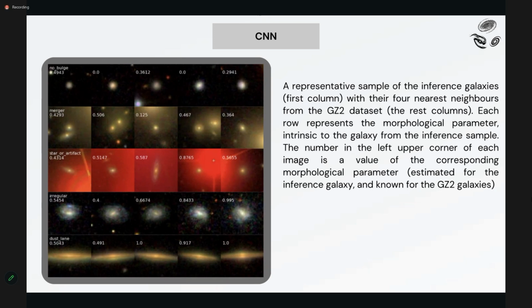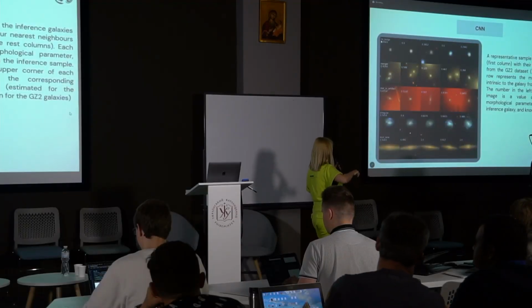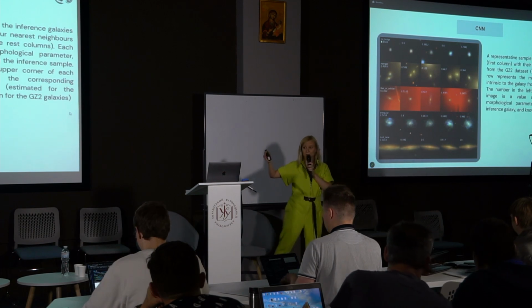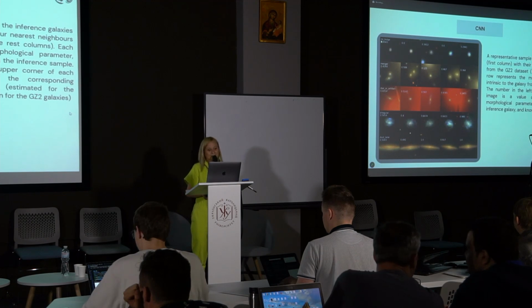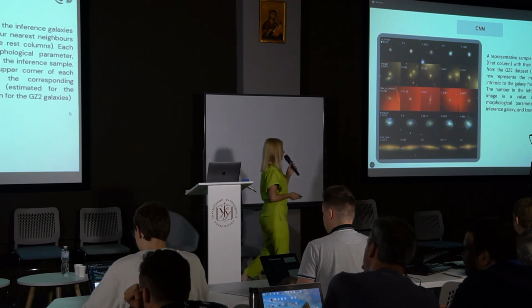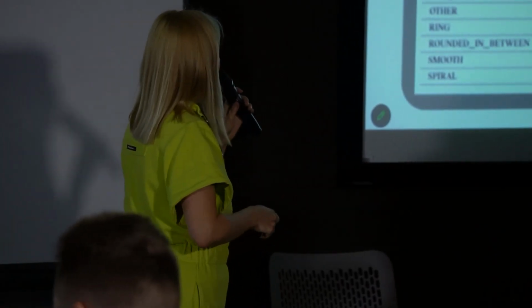If we take one galaxy which we don't know and use 5 nearest neighbors which have the same parameter, and they have the same parameter, then the galaxy is assigned to this class of images. And as a result, we have a very good result.